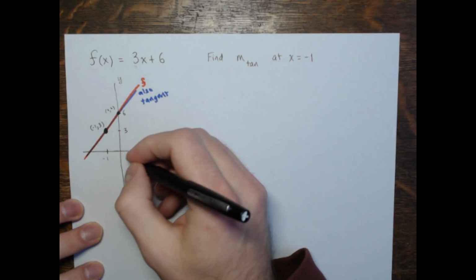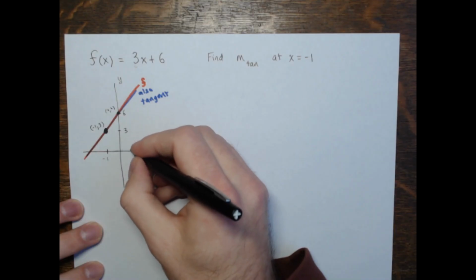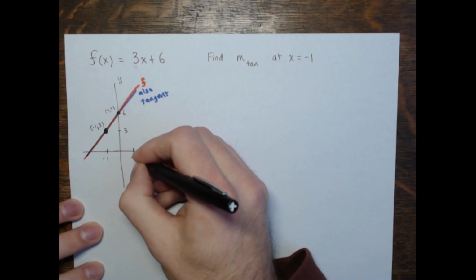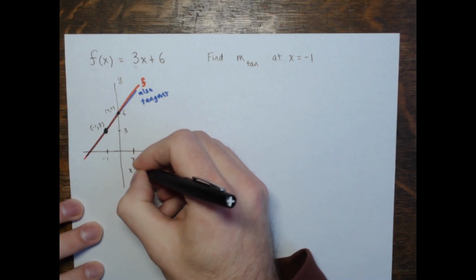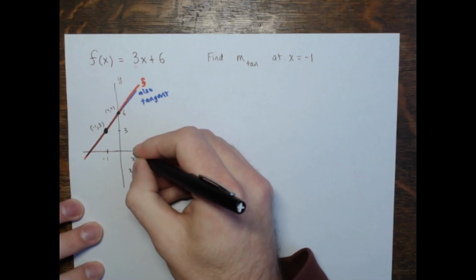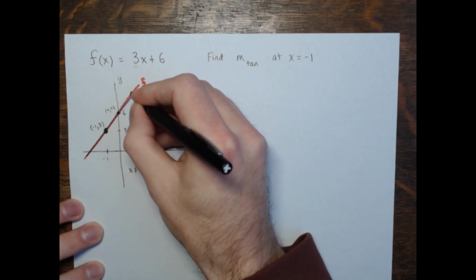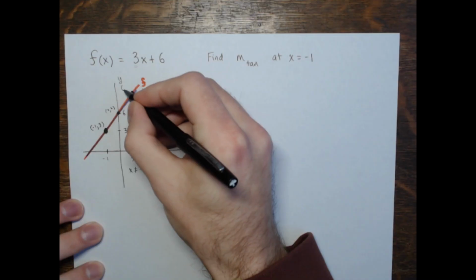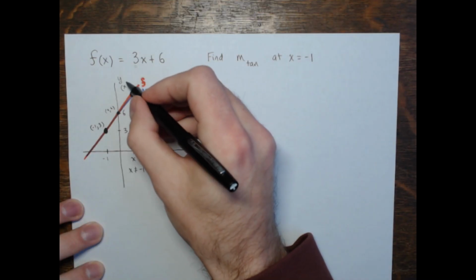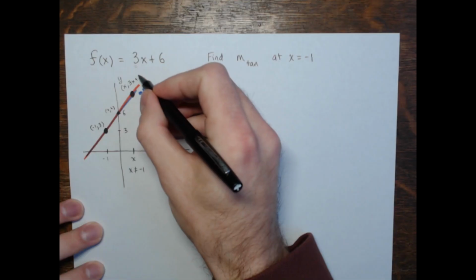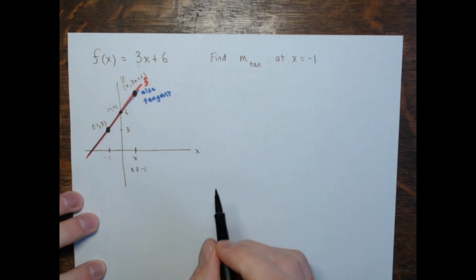Now let's use the definitions to show that. That first definition was: I take a value called x that's not -1. And if I were to plug it in, there'd be this other point with input x and then output 3x plus 6. The output would be f of x.